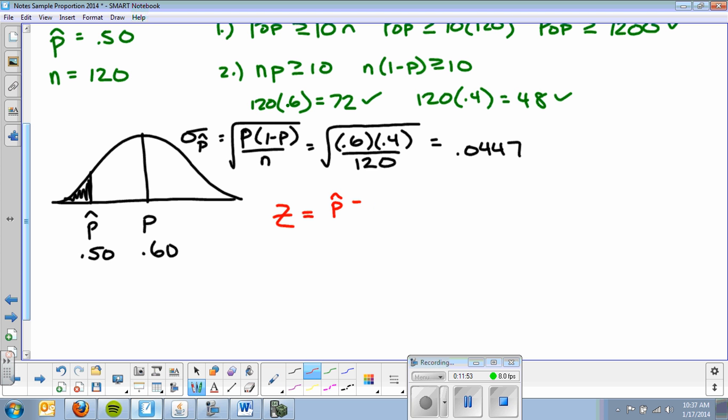I'm going to calculate my z-score. Z equals P hat minus P over sigma sub P hat. Again, that's where I'm at on the graph minus the mean divided by the standard deviation. So 0.5 minus 0.6 over 0.0447. I get a z-score of negative 2.24. And I'm going to use my normal calculations to get that area.